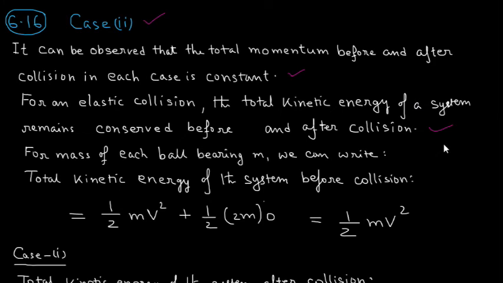For mass of each ball bearing m, we can write total kinetic energy of the system before collision, that is half mv square plus half multiplied by 2m multiplied by 0, that is half mv square.